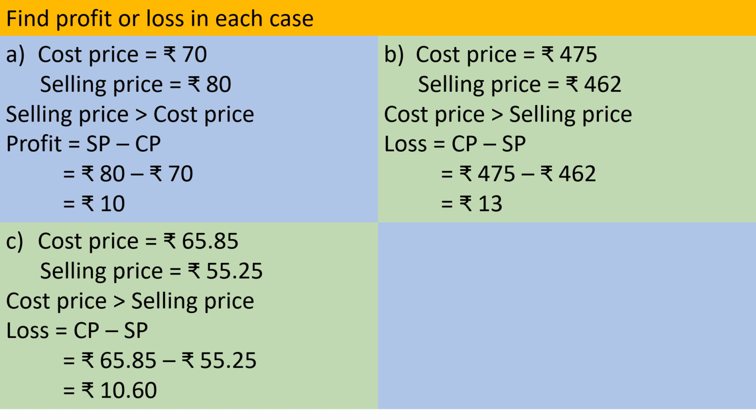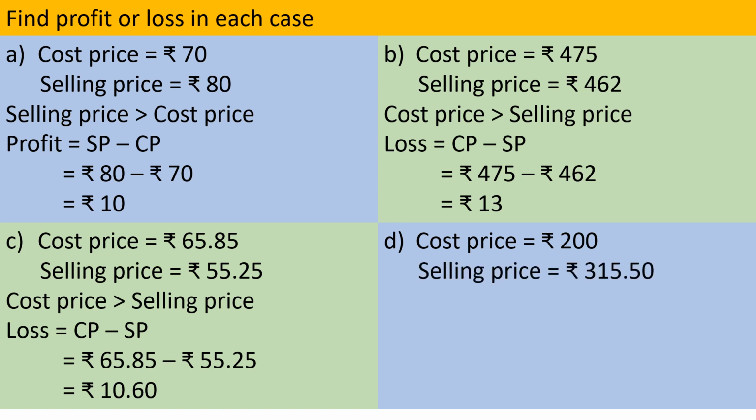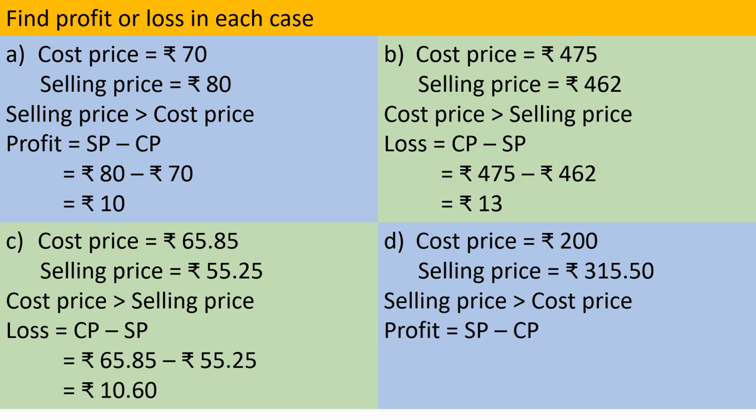Rupees 10.60. Let us do one more question. Cost price equals rupees 200 and selling price equals rupees 315.50. Here we can observe that selling price is greater than cost price. It means there is a profit. And how much profit? Selling price minus cost price, that is rupees 115.50.